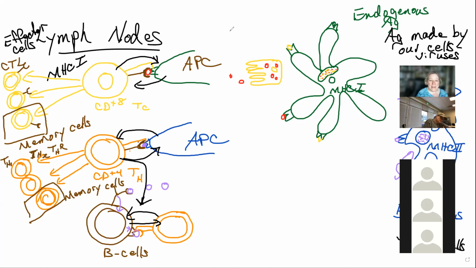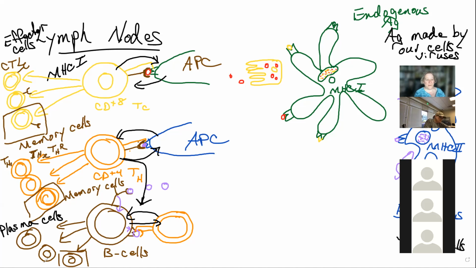Okay, so once again, the B cells will do the clonal expansion. They will make clones of themselves because one B cell cannot make enough antibodies to fight anything. So they do the same thing. They get memory cells, and the B cell effector cells are called plasma cells. Now, for the sake of the story, we're going to say that they stay here in the lymph node, and they just start pumping out the antibodies because they get into the lymphatics and circulate through the entire body.